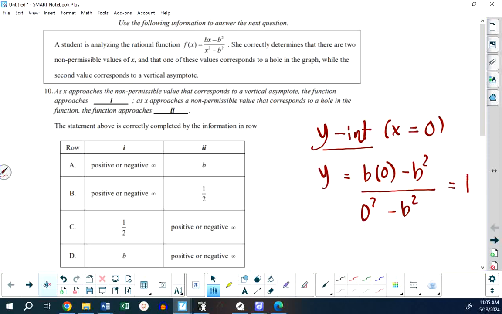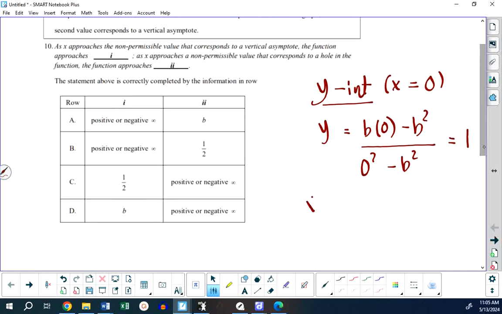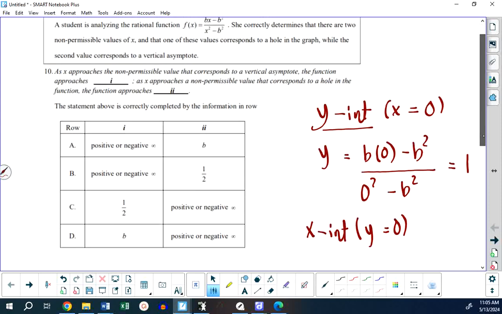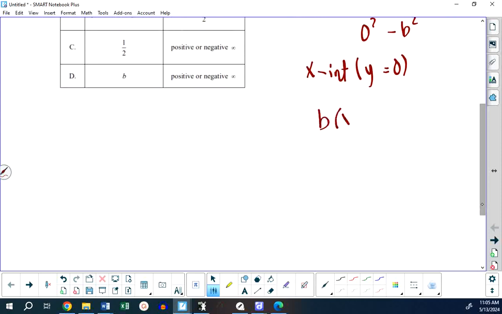Okay. X-intercepts are wherever y is equal to 0. But the kind of shortcut that I've taught you here is, when you look at things in factored form, the x-intercept will be the 0 of a factor that's in the numerator but not the denominator.